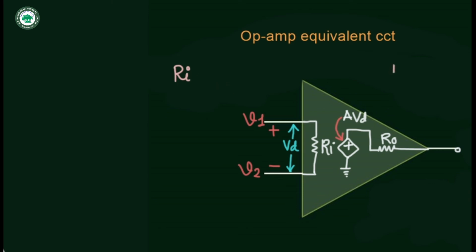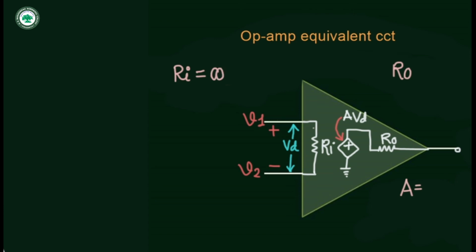The second term we will consider as Ro, which is nothing but the output impedance or output resistance of the operational amplifier, and earlier we have considered the gain, so that is another thing we will have to consider. In the ideal or theoretical way, we consider the input impedance to be infinite.